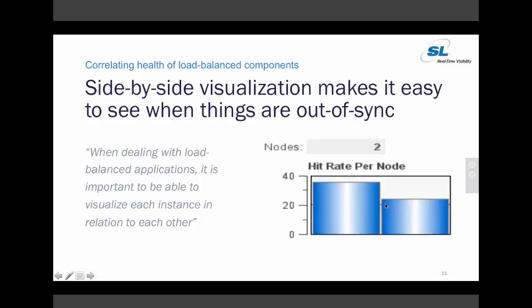And you can kind of see immediately that they're out of sync. One is handling a good bit more hits than the other, and that could be potentially a problem down the road. This is a very simple example. We have customers that are using 50 or more BusinessWorks engines to support some very high capacity applications.